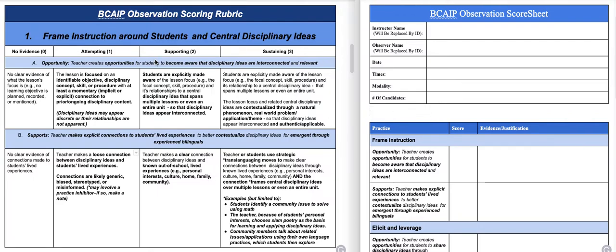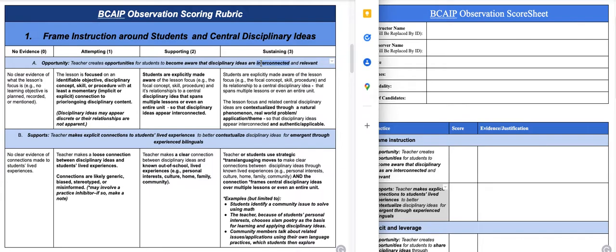Focusing on practice number 1, here's the name of our practice. You can see practice number 2 down here, so we're just focusing on this part. And here we have our opportunity text, sub-practice A, supports text, or sub-practice B. It's the same thing as here and here.